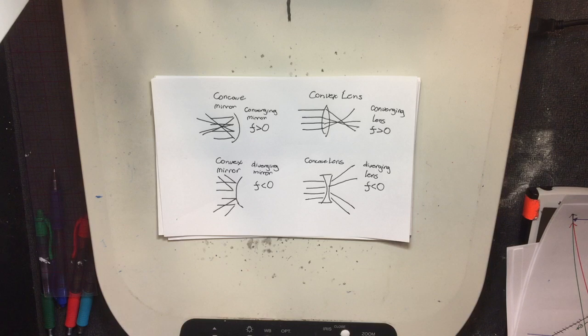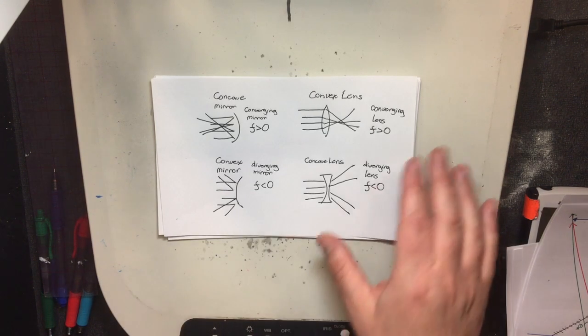So lenses are opposite of mirrors in the sense that a convex mirror diverges, a convex lens converges. A convex mirror has a negative focal length, a convex lens has a positive focal length. So start to put this together, and in the optics notes there's a study sheet summarizing all this stuff.